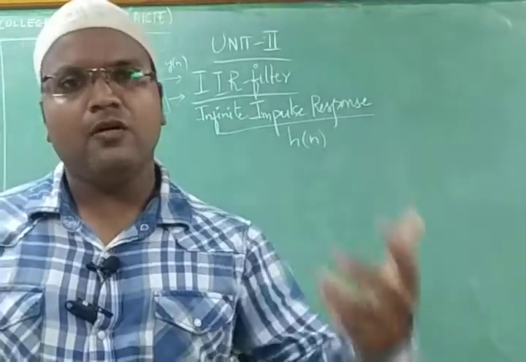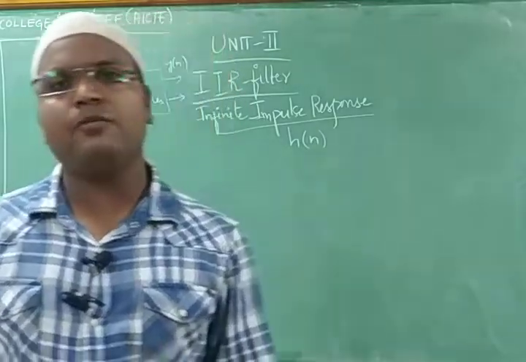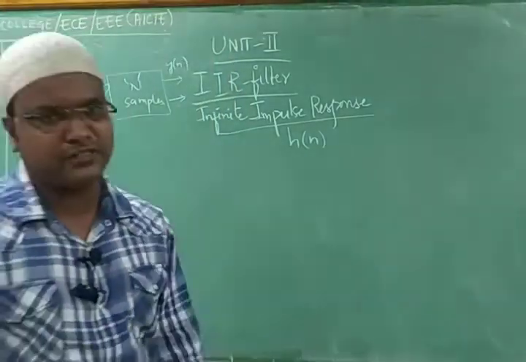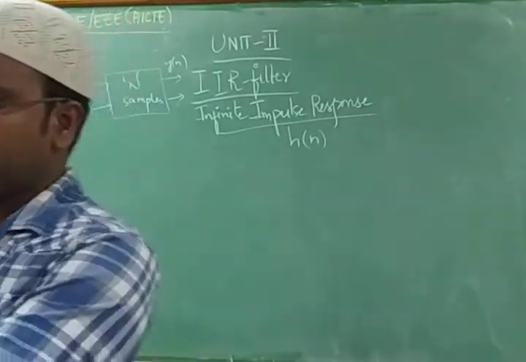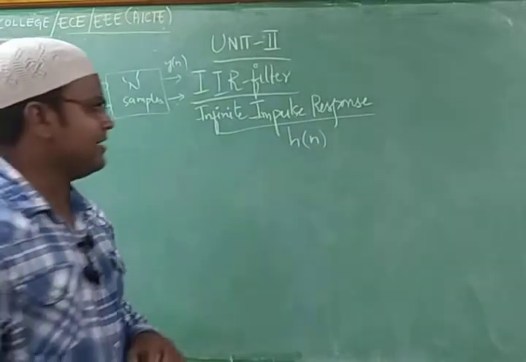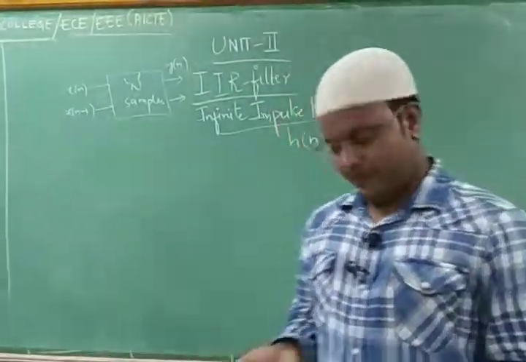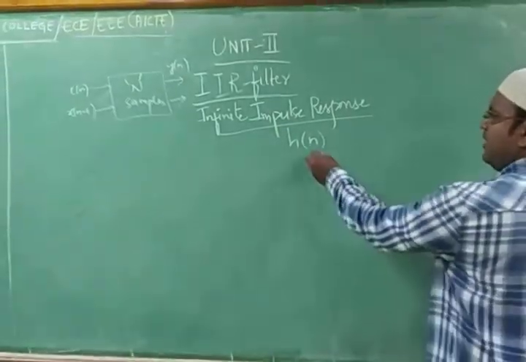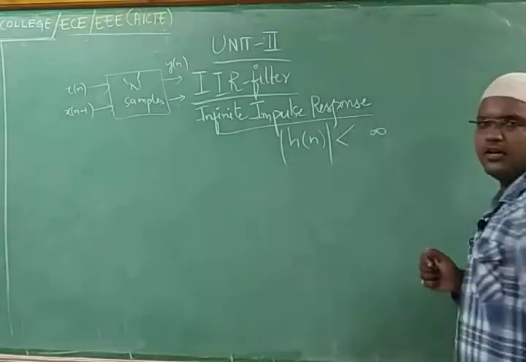In that one, what are the things we need to keep in mind? Whatever the bounded input, it has 2 kinds of factors. One is the stability factor, and the second is the transfer function. When we want to find the stability factor, it should give an output response. That means whatever function we write, suppose I say h of n, mod of h of n should be less than infinity.